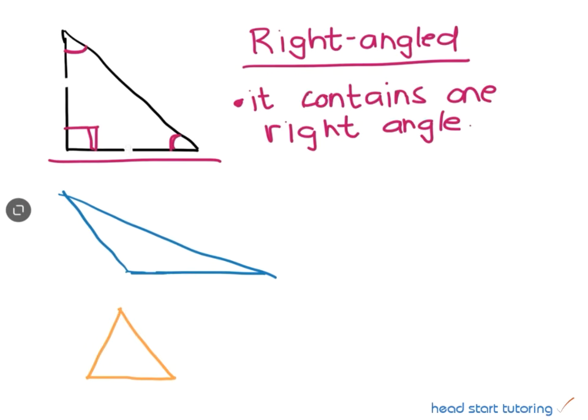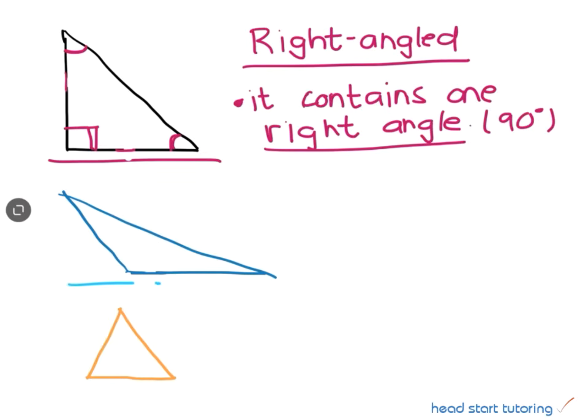But the only thing that makes a right-angled triangle is that it contains one right angle. Right. Remember that a right angle is 90 degrees.